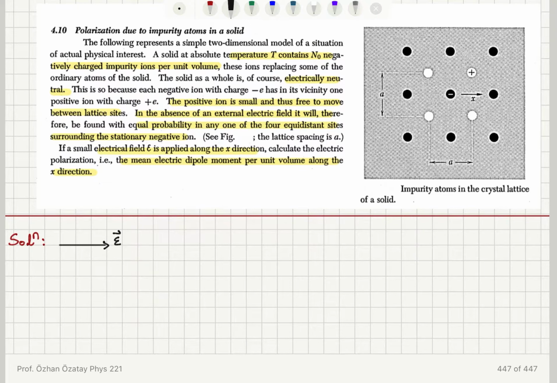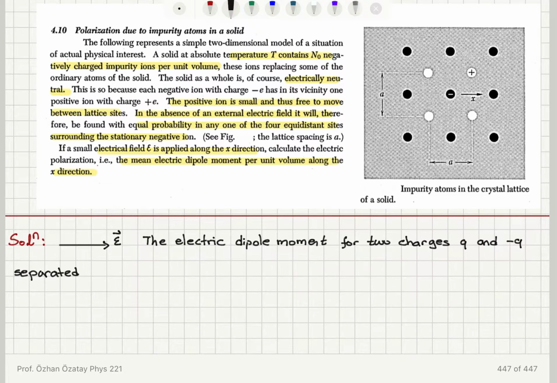And let's remember what we mean by electric dipole moment. The electric dipole moment for two charges Q and minus Q separated by a distance d is defined as p.